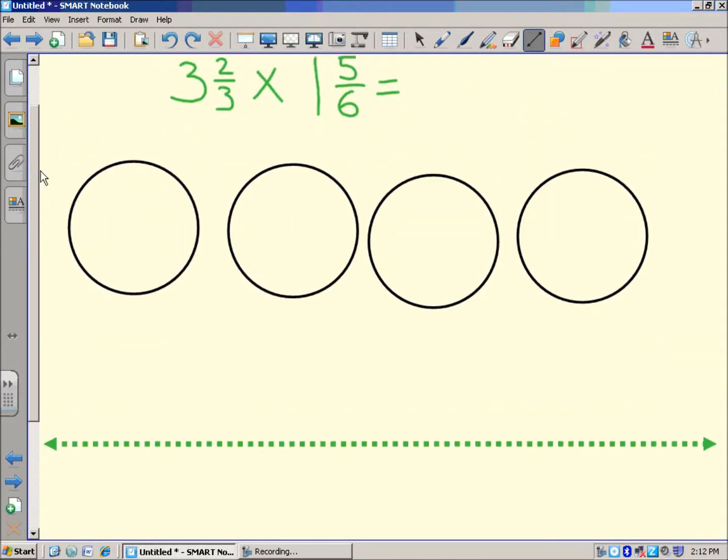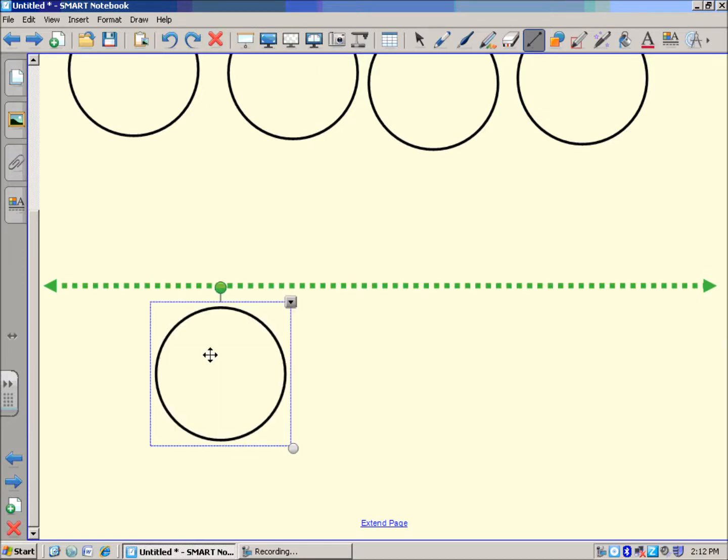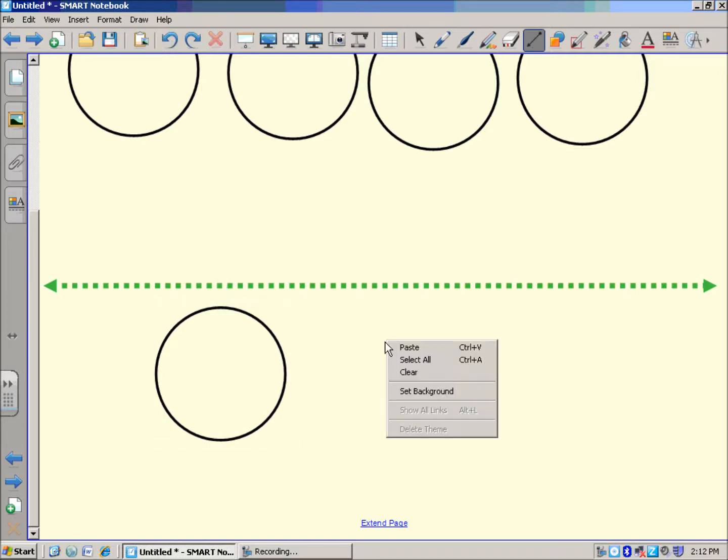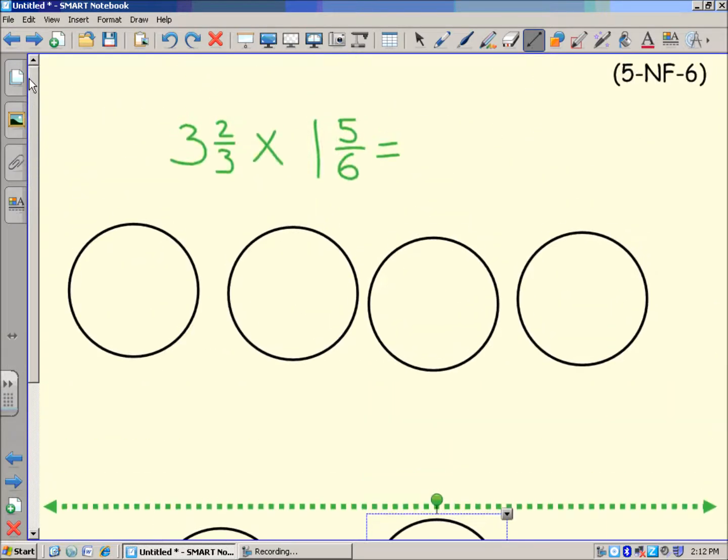And down there, eventually, we're going to get to 1 5/6. So we'll do one circle to show the 1, and another one for the 5/6.